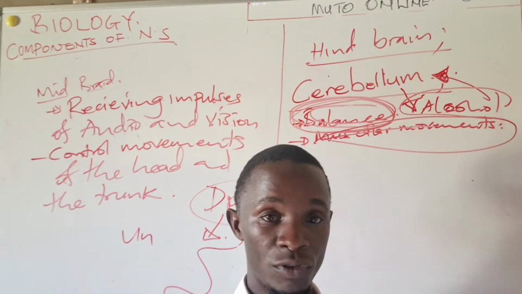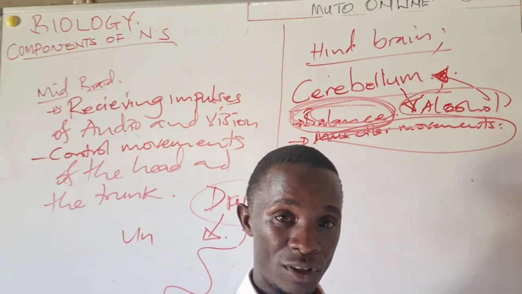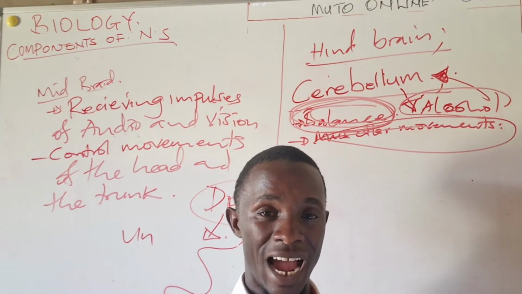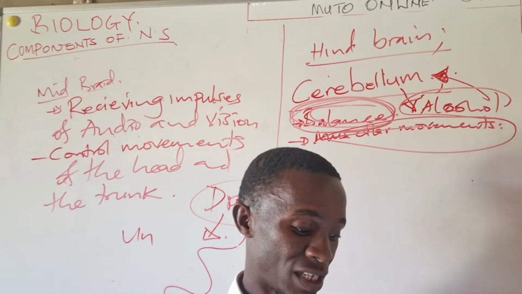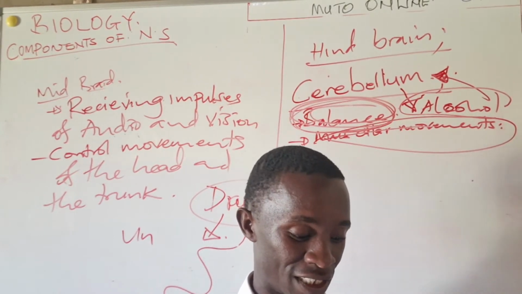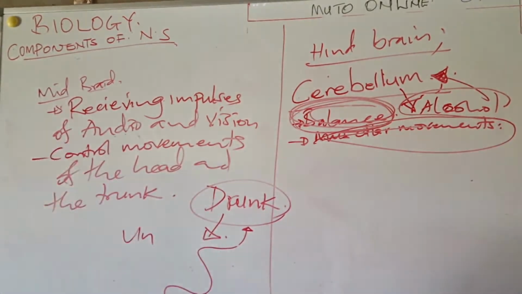It is the fluid part of the ear. We shall find that the flow or the movement of that fluid in that semicircular canal determines balance, leads to generation of impulses that determine balance. So we shall not go into that before we get there. You cannot cross the river before you get to it.